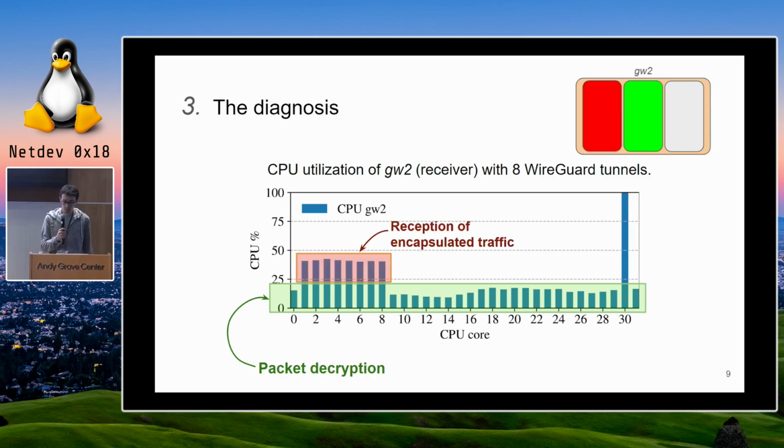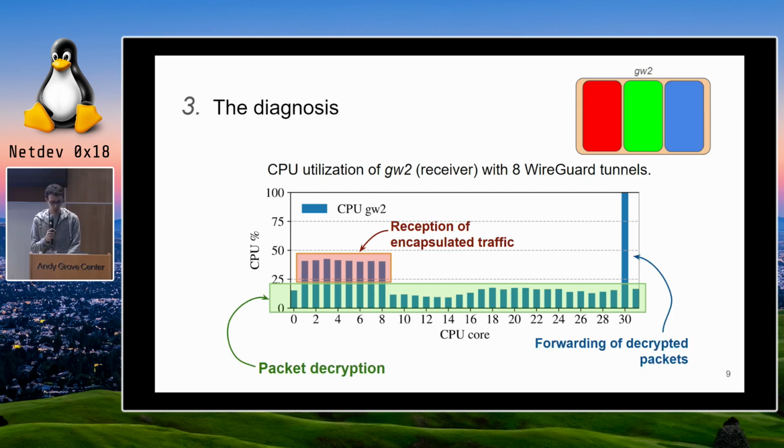Then on this 8-tunnel experiment, we see 8 CPU cores that have a utilization which is in the range of 35 to 40%, which is where the first of the 2 software queues is hosted. So we have 8 different cores that do this because, again, RSS is able to differentiate between the 8 UDP flows.